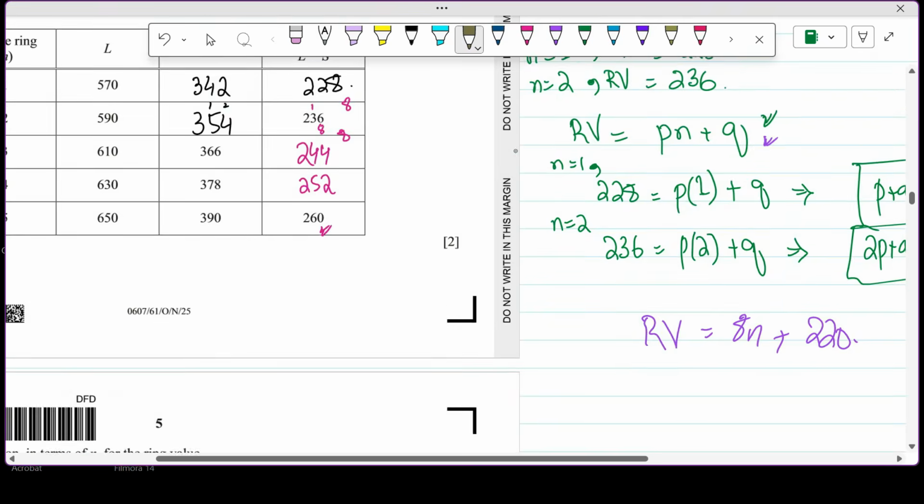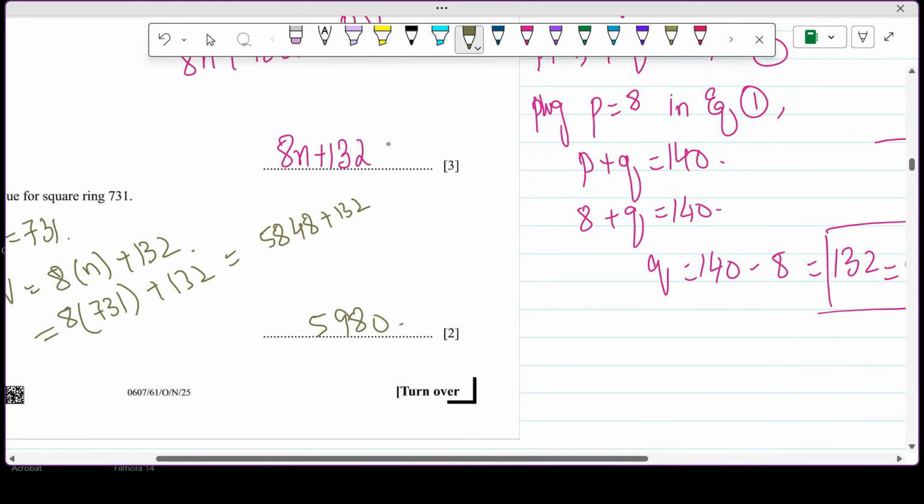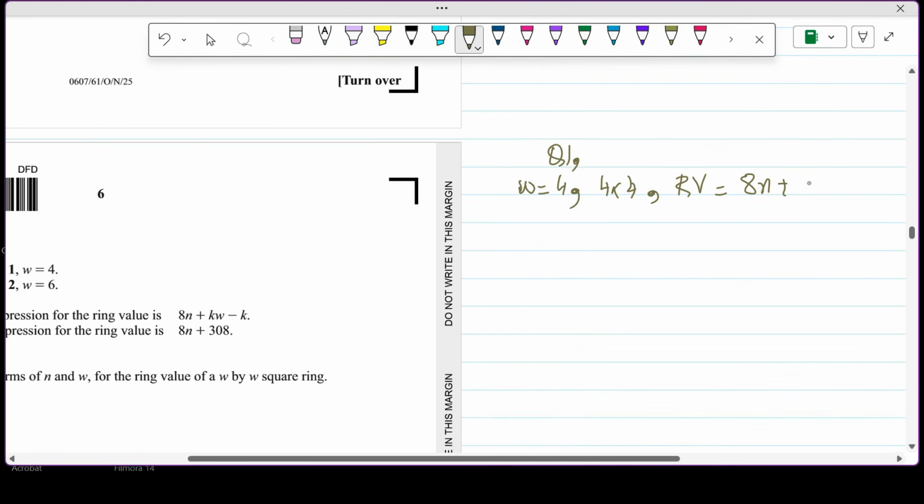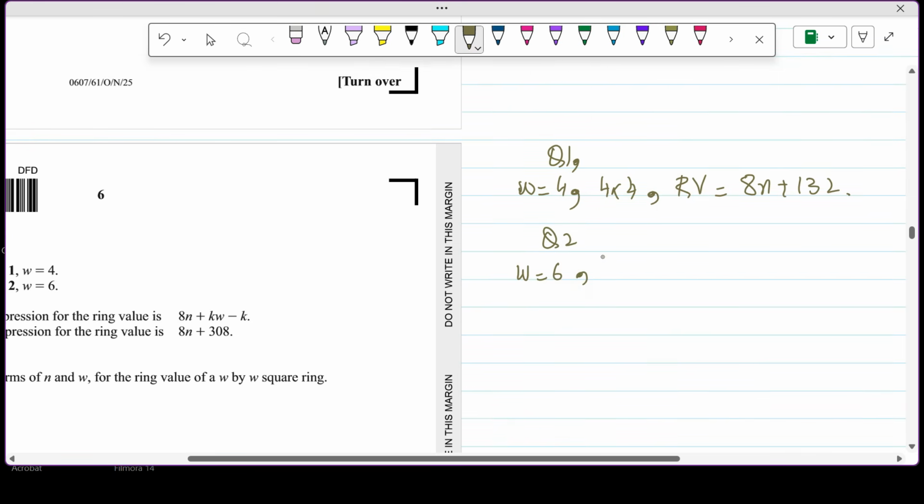Let me check. Yes, 132. From question 2, there was a width of 6, the square was 6 by 6, and the ring value was 8n plus 220.